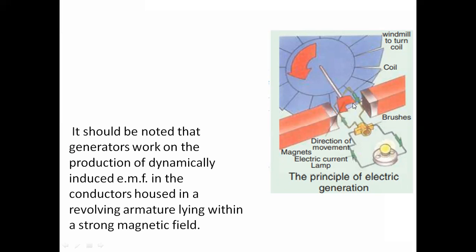When the coil rotates in this direction or any direction, it rotates in between the magnetic field. Due to that, the conductor cuts this magnetic field, and the EMF is induced in the coil.